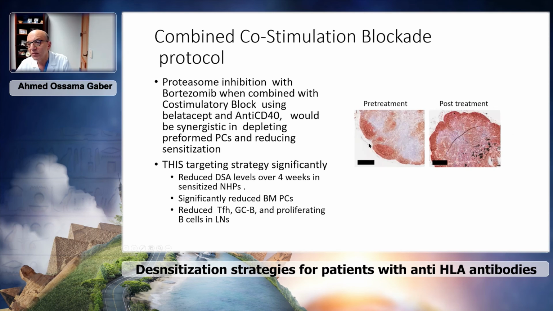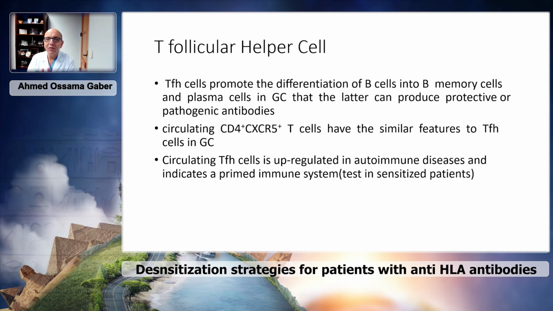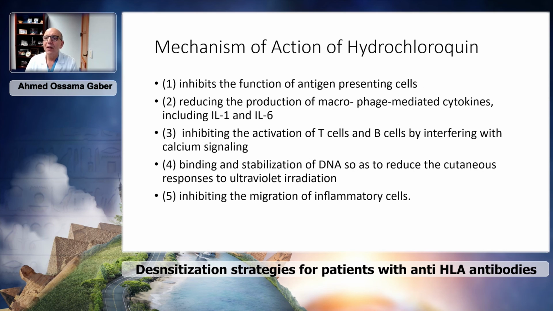You can see the CD20 cells almost completely gone from the germinal center. And the way they do that is by targeting the T follicular helper cell. The T follicular helper cell is very important because it promotes the differentiation of B cells into memory B cells, and if you block it, you prevent that antibody from coming back.